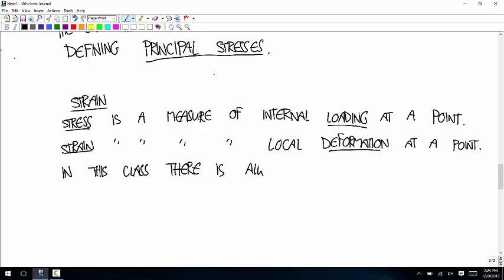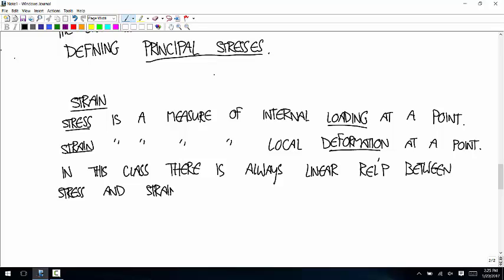A material or loading environment where there's a linear relationship between stress and strain is called a Hookean material.